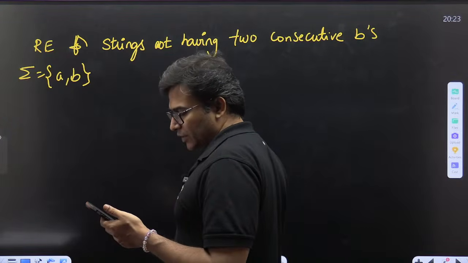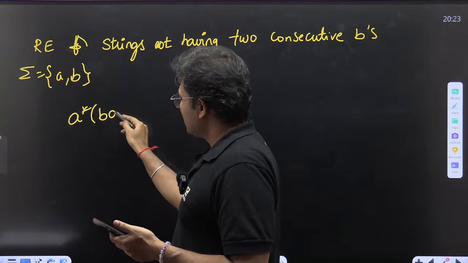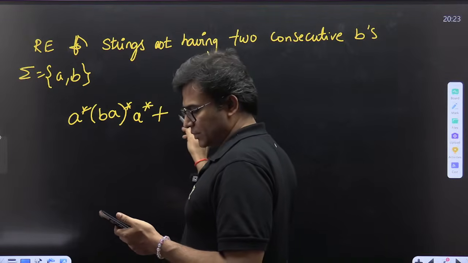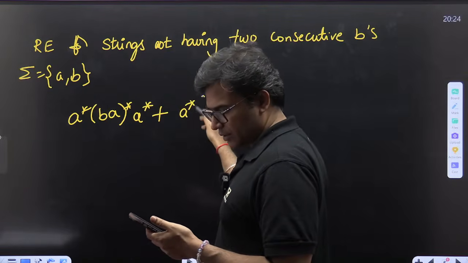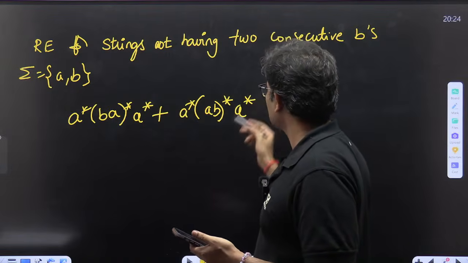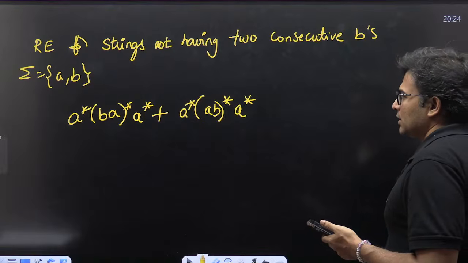So Kush is giving the answer A star, BA star, A star plus A star, AB star, A star. Okay. Bs should not be consecutive.